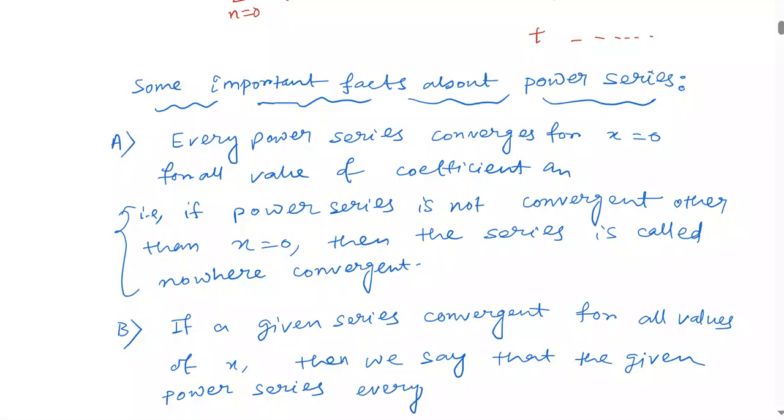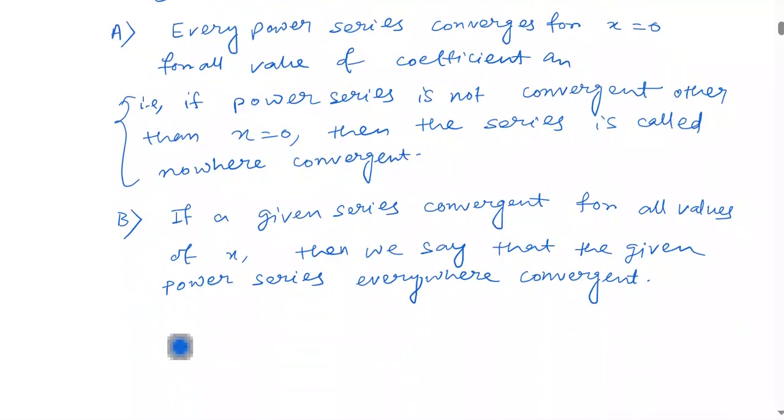Again, if you read this statement, if a given series is convergent for all values of x, we can say that the given power series is convergent everywhere. Fine.